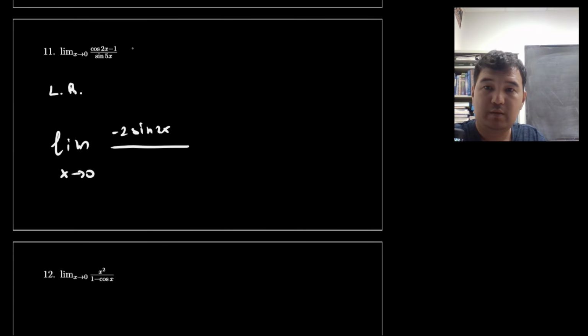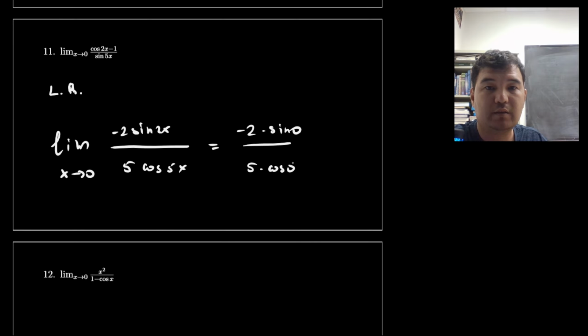The derivative of -1 is 0. The derivative of sine 5x is going to be 5 cosine 5x. Now if you plug in 0, you'll get -2 times sine 0 over 5 times cosine 0. Since we know that this is 0 and this is 1, we'll have 0 over 5, which is just 0.